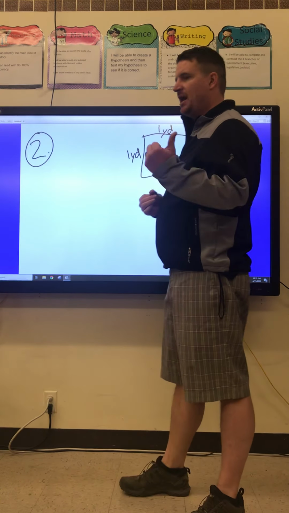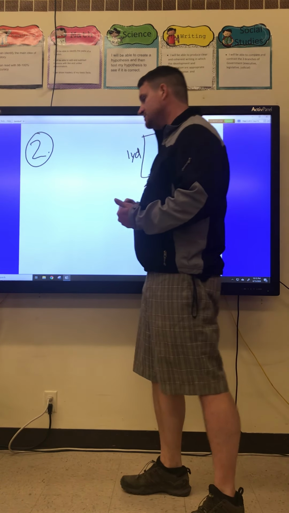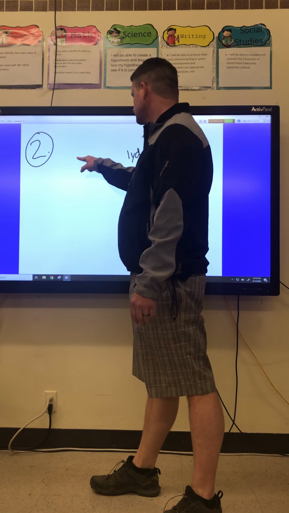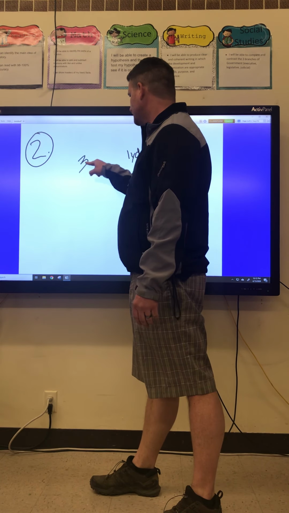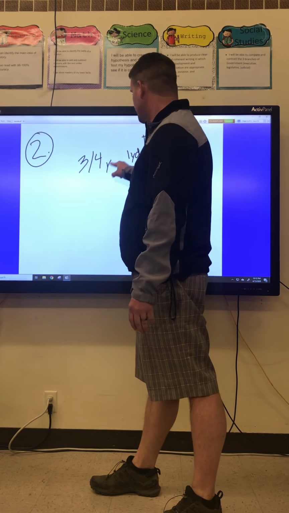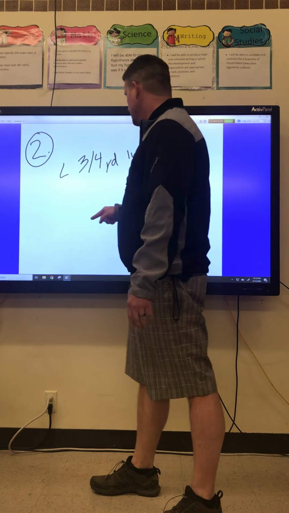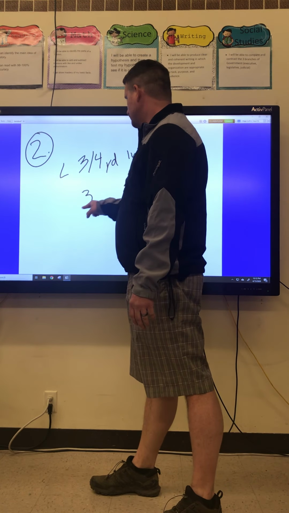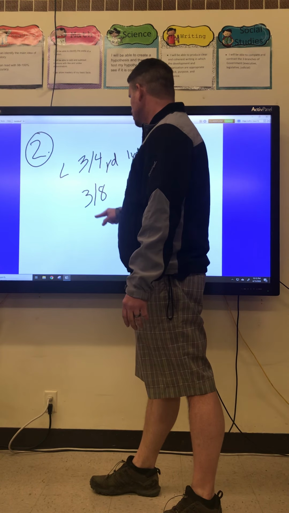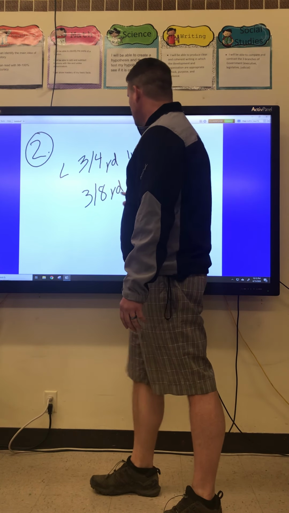And I'm going to have a little challenge on this one for you guys also. So now we have 3/4 of a yard for our length, and 3/8 yard for our width.